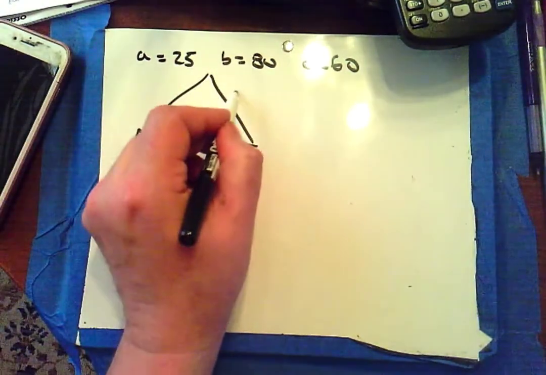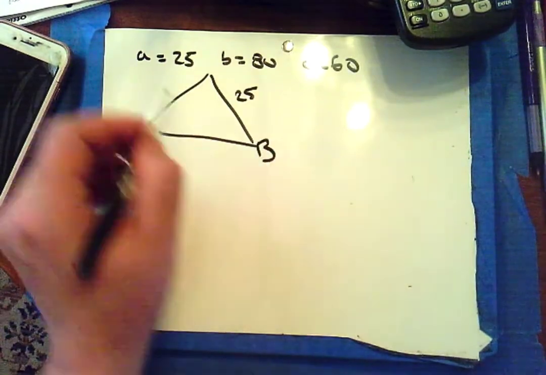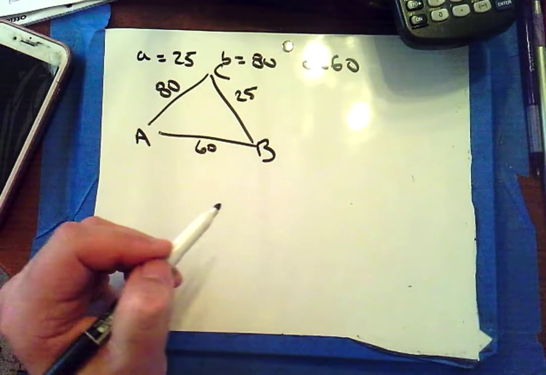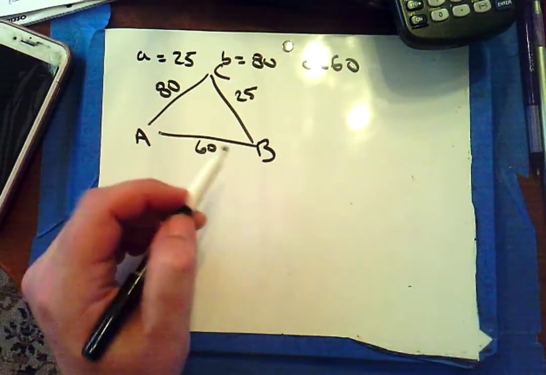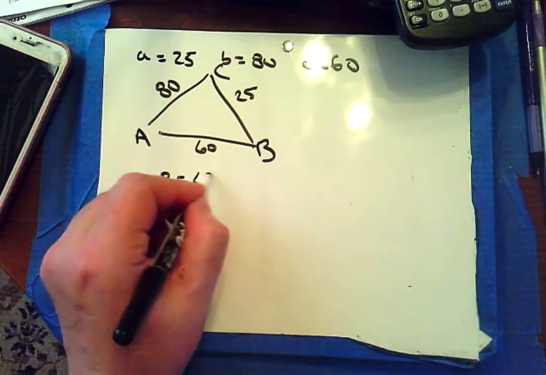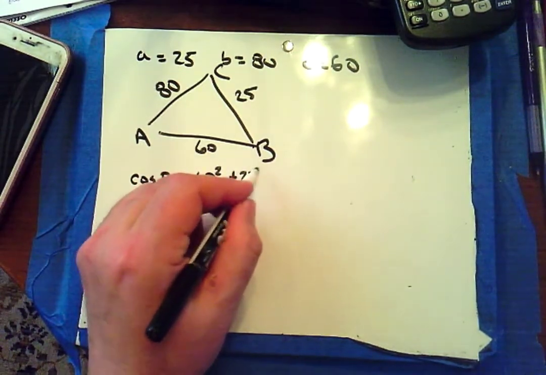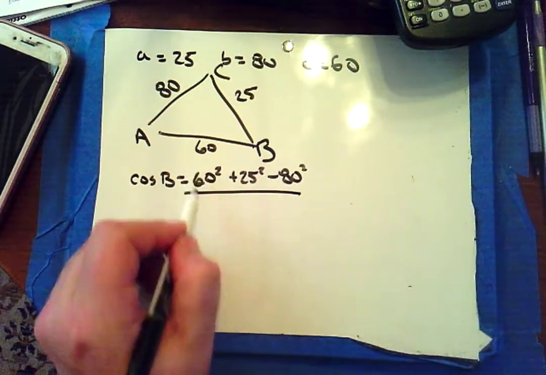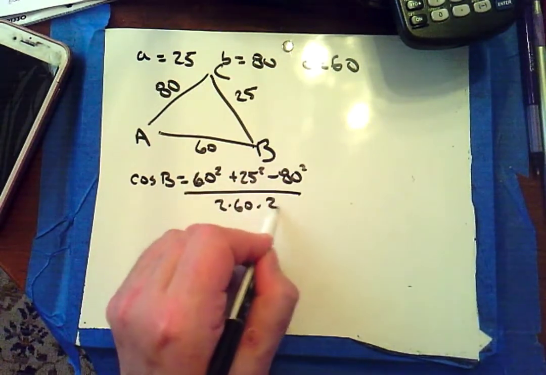Got A, 25, B, 80, and C, 60. So if I find this angle first, I'll know that the cosine of B is 60 squared plus 25 squared minus 80 squared over 2 times 60 times 25.